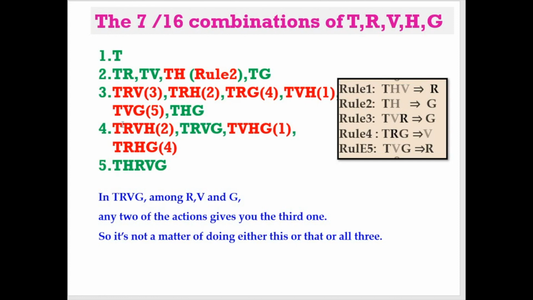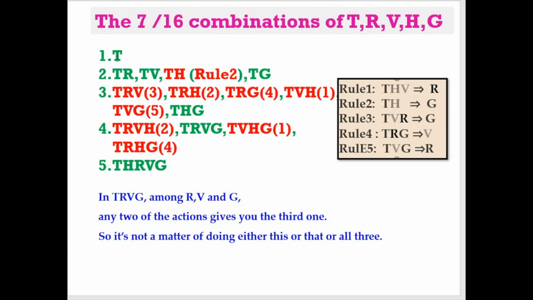And in the same way, four at a time, using these rules, by rule 2 this one is ruled out, by rule 1 this one is ruled out, by rule 4 this is ruled out. So we are left only with this. And then all together, T with all the transformations together. So these are the possibilities. When we count them, these are the 16 possibilities that we can have, combinations with T.